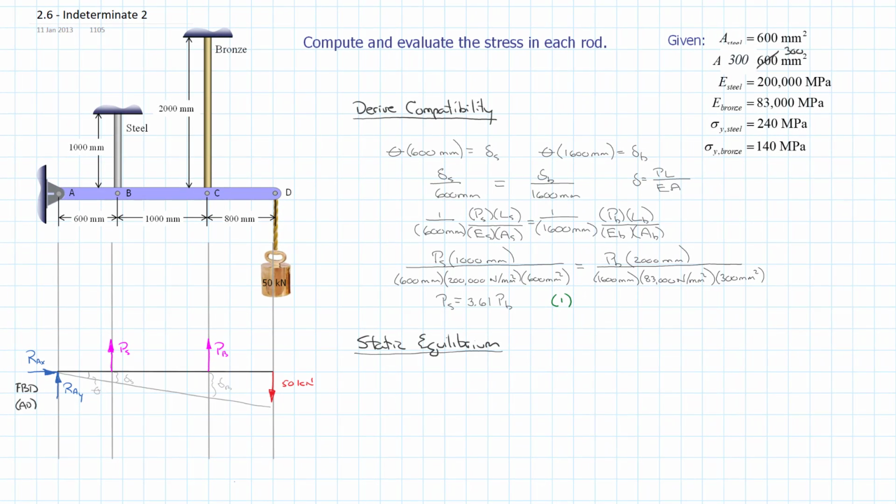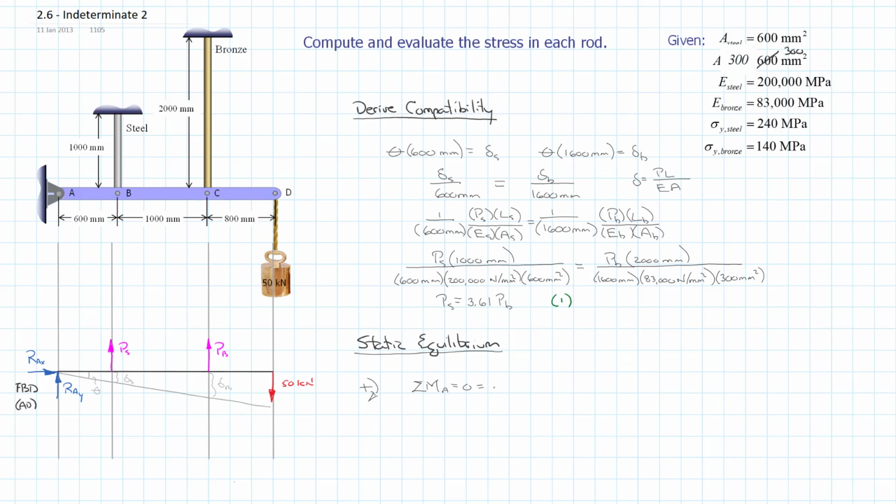So we're just going to do the sum of the moments about A. We'll choose clockwise as positive, set that equal to 0, and then we're ready to go ahead. So in this case, we have our force in the steel.